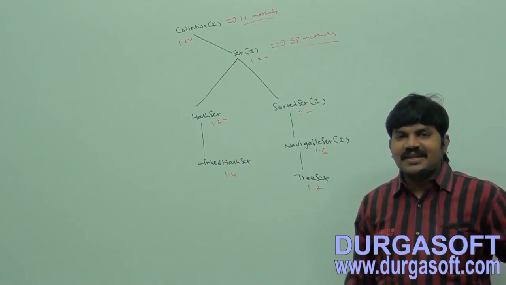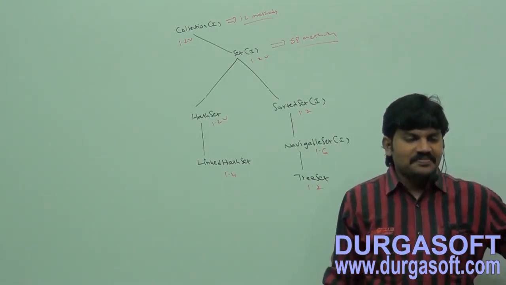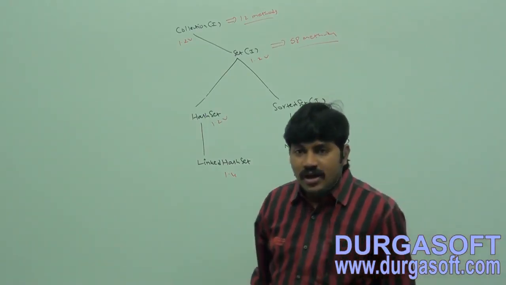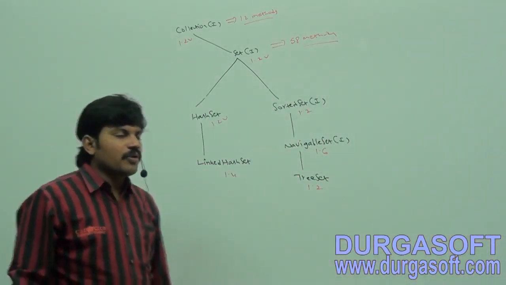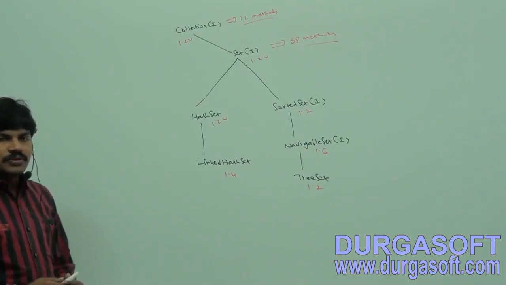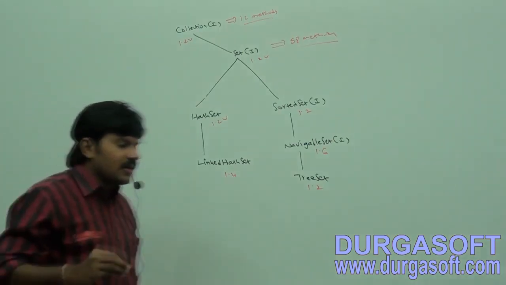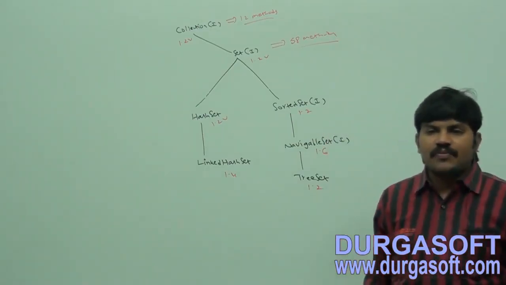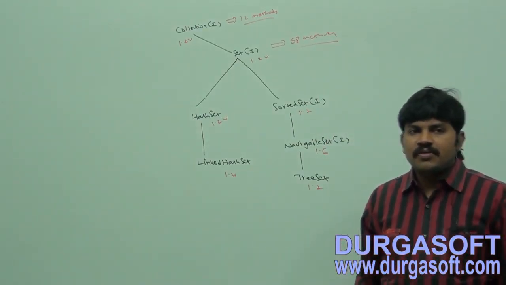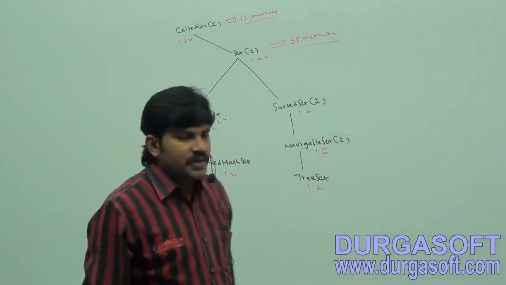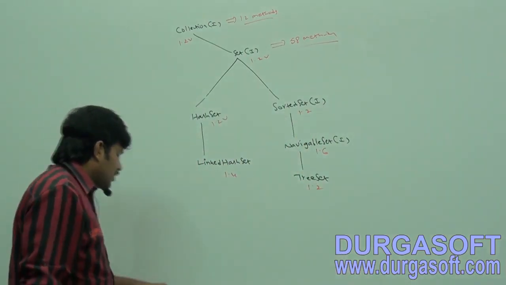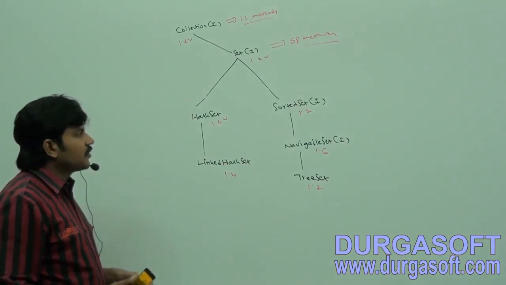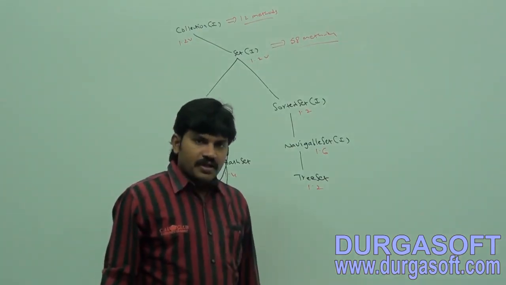Set interface doesn't contain any new method, and we have to use only Collection interface methods, only Collection interface methods. Okay, so I hope you are aware now.